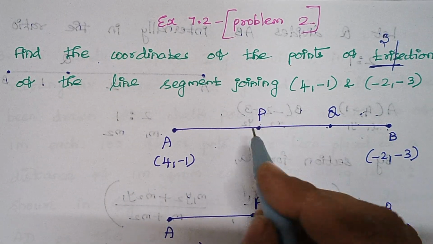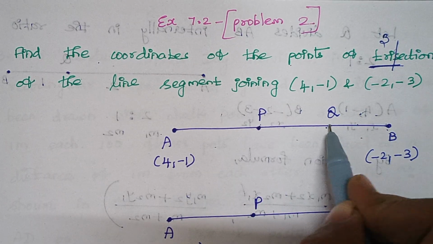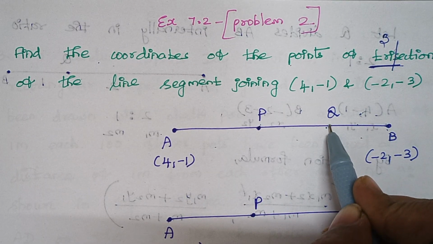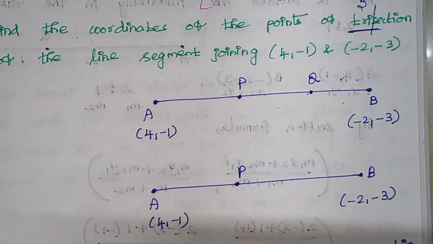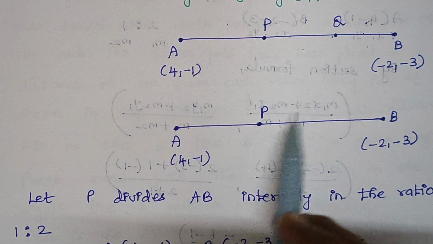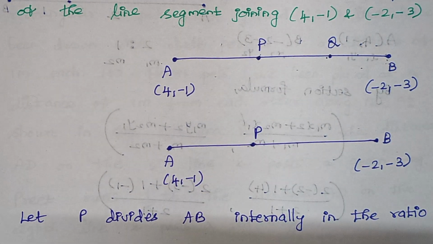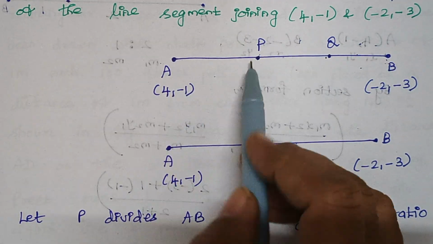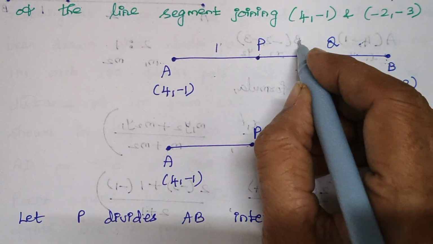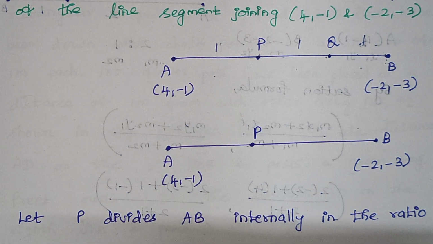That is, I have to find the value of the P coordinate as well as the value of the Q coordinate. So first I am considering the point P. Initially, all these 3 segments are assumed to be equal. AP represents one part, PQ represents one part, and QB also represents one part, right?